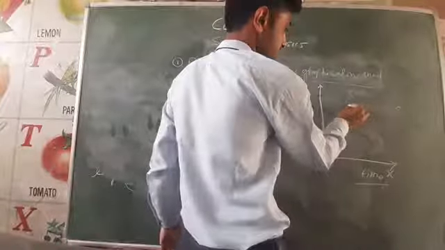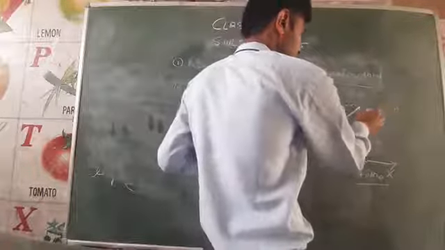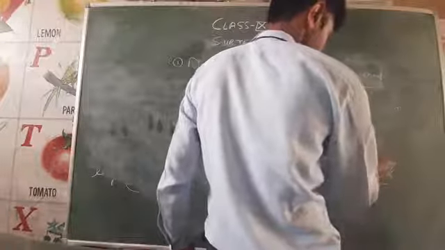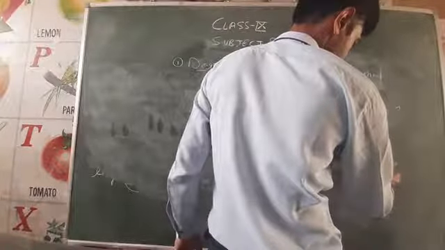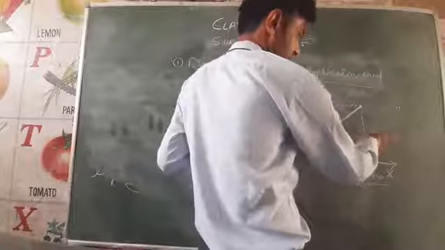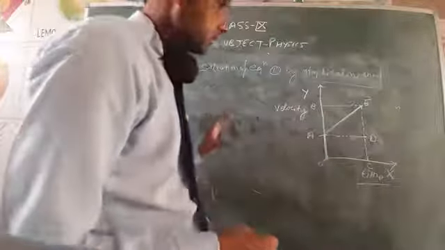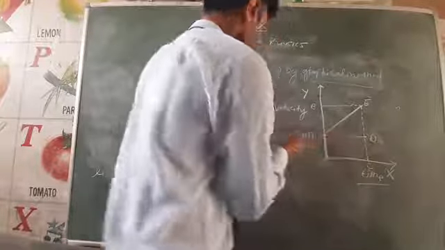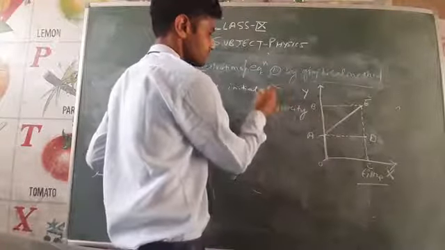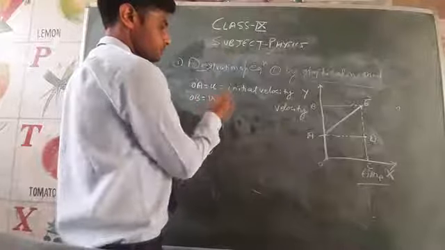At point P, we have to draw a perpendicular that intersects the x-axis at point, let this point be C, and draw this line that intersects at B, and this point is E. So this is the graph in which OA equal to u, the initial velocity, and OB equal to v, the final velocity.